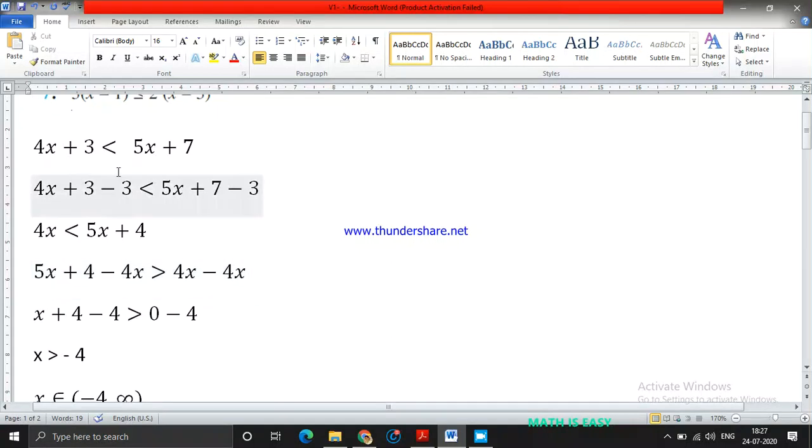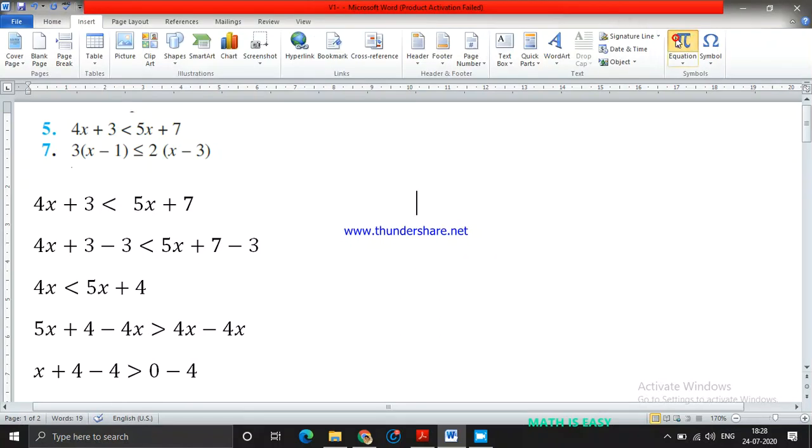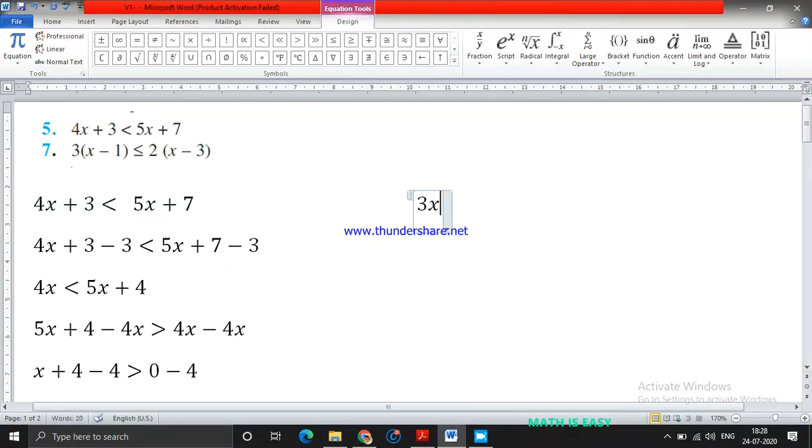So in every step, adding on both the sides this many times will take a lengthy way to solve it. So what we do is we can shorten the method. If I go for the seventh question solution, open up the bracket: 3 into x is 3x minus 3 into 1 is 3, is less than or equal to 2x minus 6.